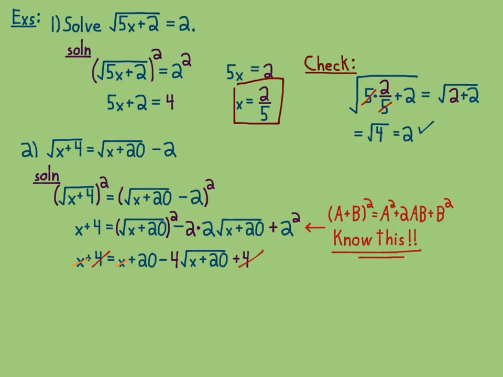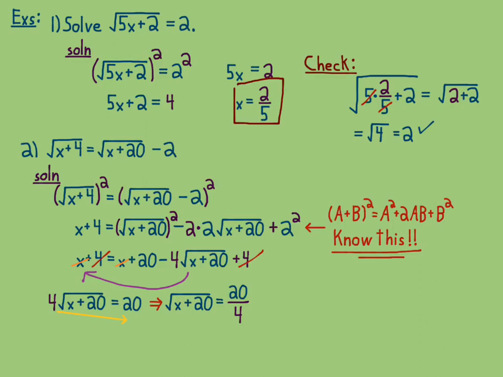So 0 equals 20 minus 4 square root of x plus 20. I moved that minus 4 square root of x plus 20 to the left side of the equation since it's negative, and that will make it positive. Moving a term to the opposite side makes it the opposite sign. So I end up getting 4 times the square root of the quantity x plus 20 equals 20.